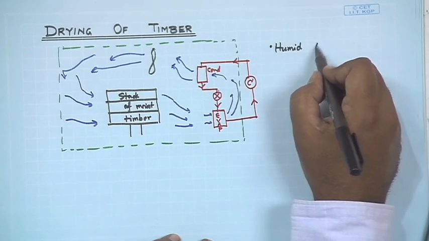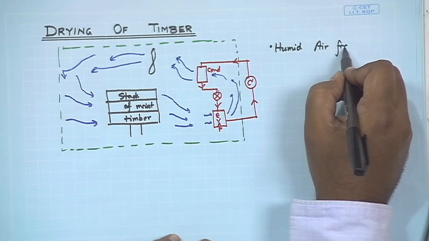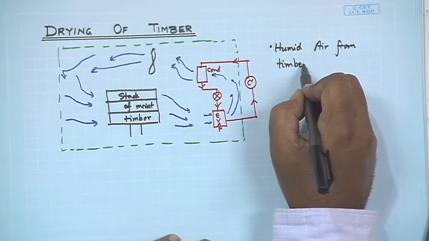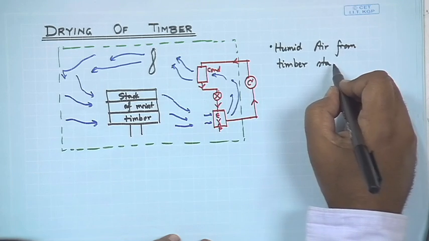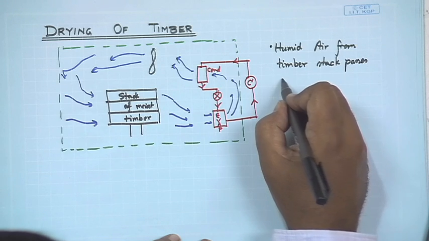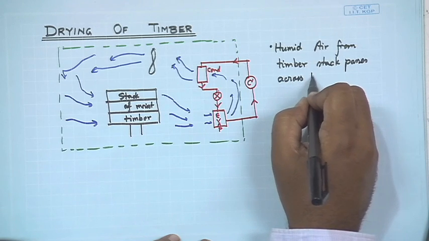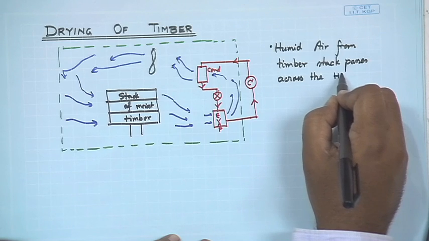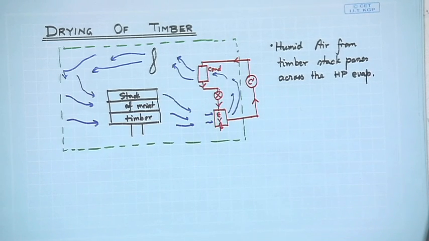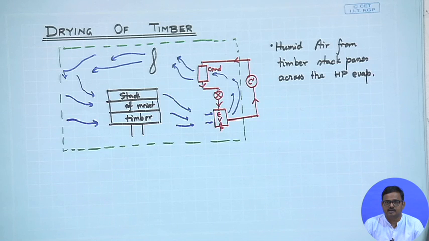The humid air from the timber stack passes across the heat pump evaporator. Now as it does, what happens? The temperature drops below the dew point, and therefore it loses the moisture.